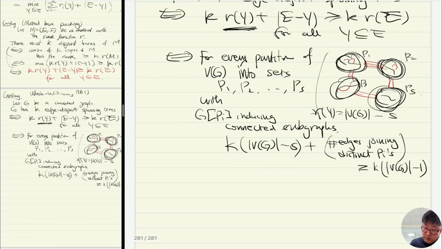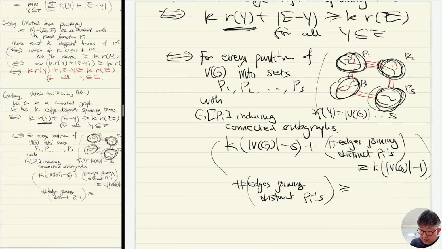Right, that's the rank of the whole graph. Now this is the same as saying, I can cancel this, so what we end up with is the number of edges joining distinct Pi's is at least k times (S minus 1).